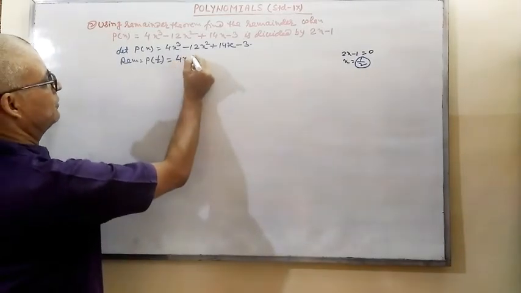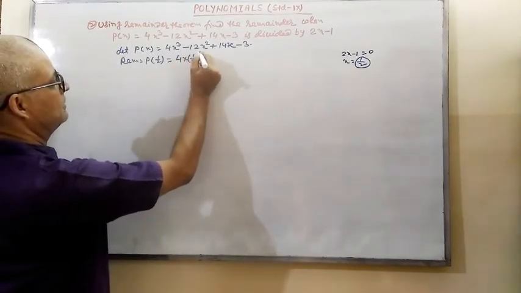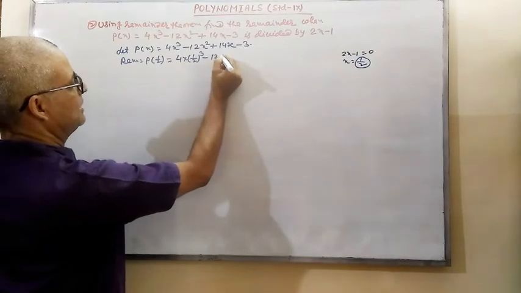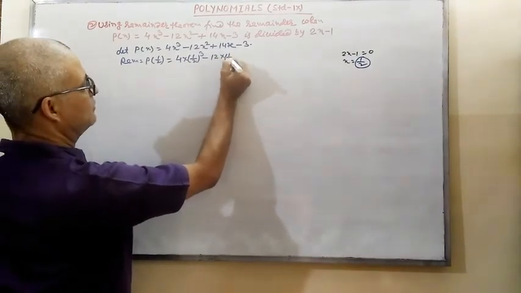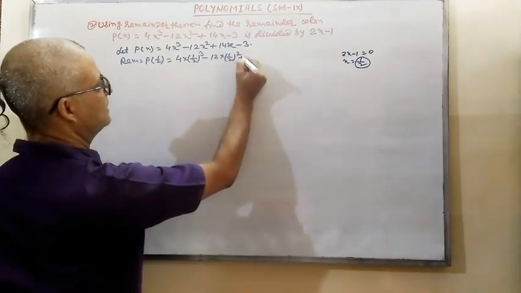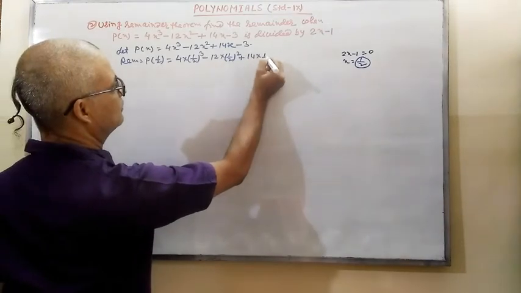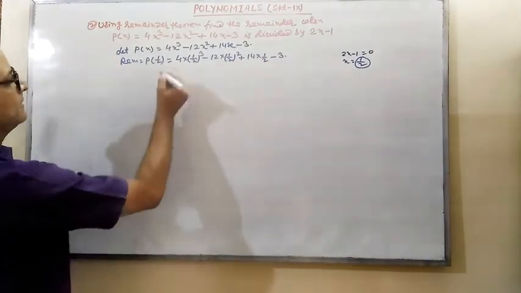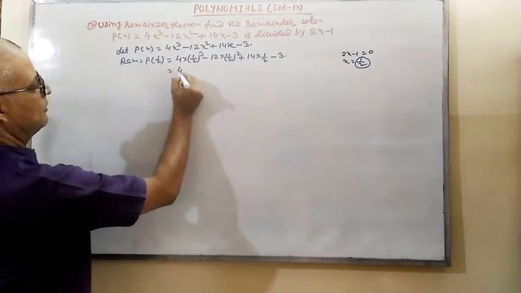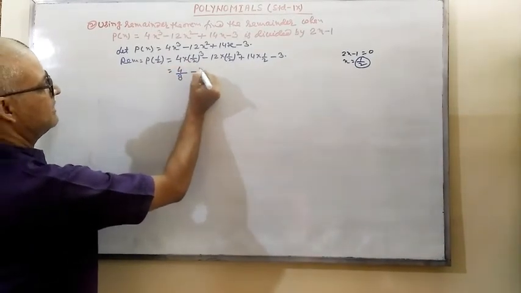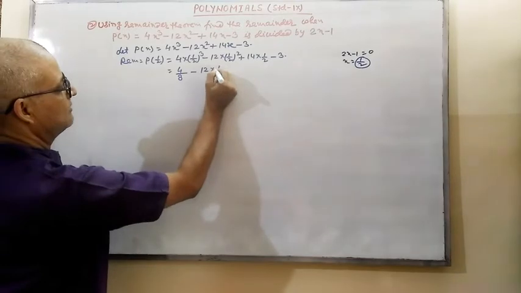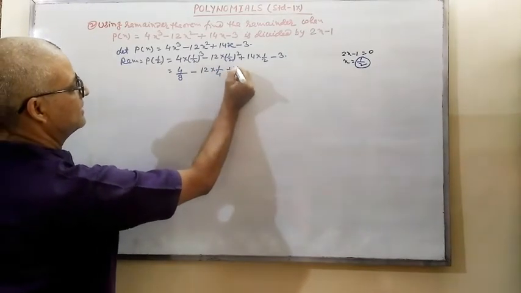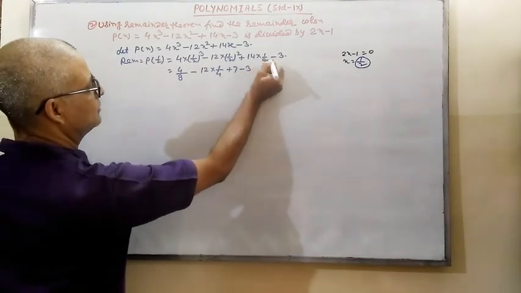So 4 into (1/2) cube minus 12 into (1/2) square plus 14 into 1/2 minus 3. Now this is equal to 4 by 8 minus 12 into 1 by 4 plus 7 minus 3.